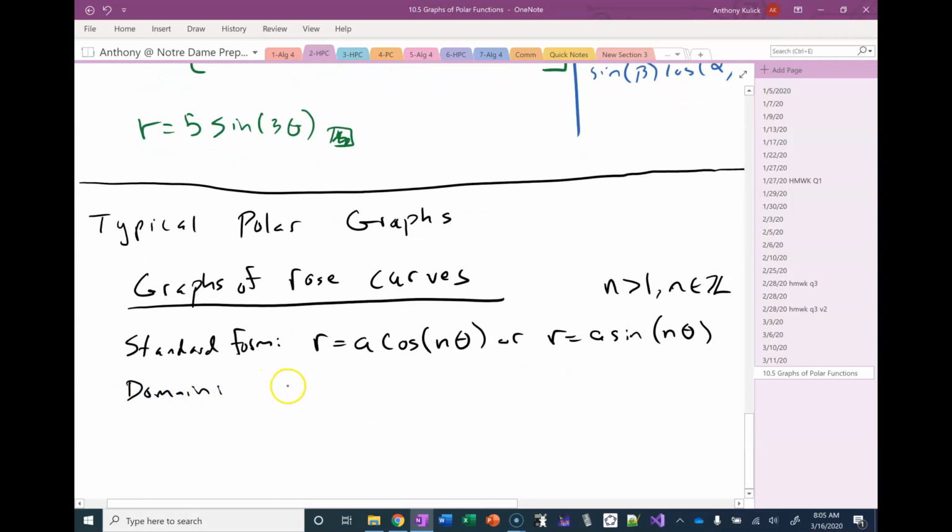For rose curves, the domain is always going to be negative infinity to positive infinity.